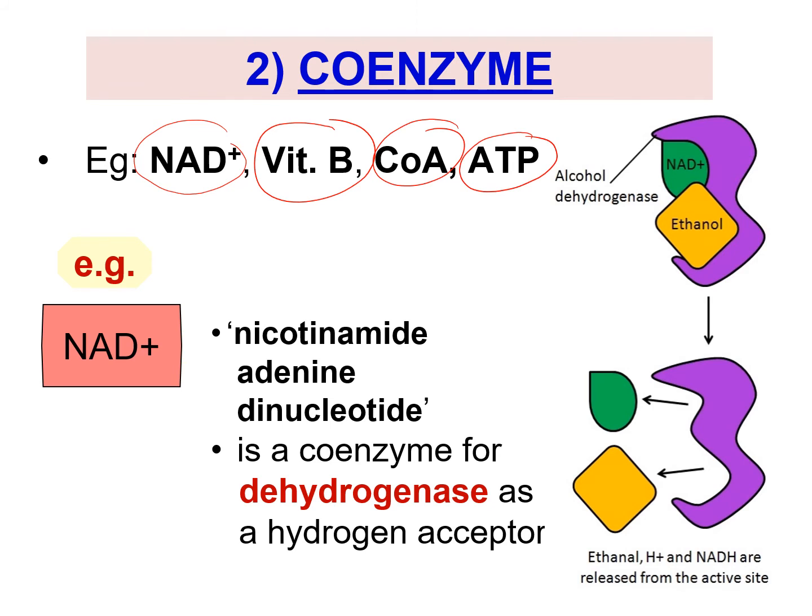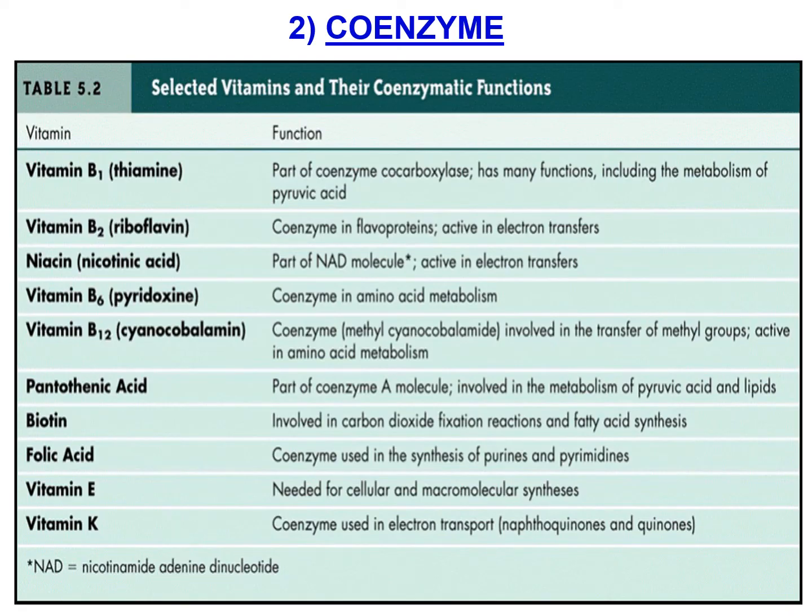NAD+ is nicotinamide adenine dinucleotide. So it is a coenzyme for dehydrogenase enzyme that acts as hydrogen acceptor. So NAD+ will be discussed in more detail in the next chapter. These are lists of coenzyme derivatives of vitamins.